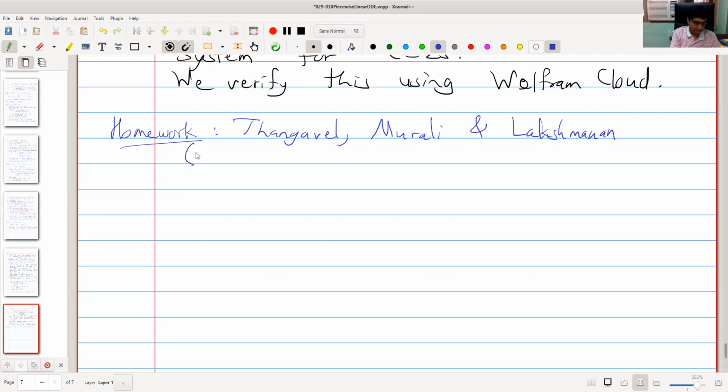They studied a similar piecewise linear delay differential equation.